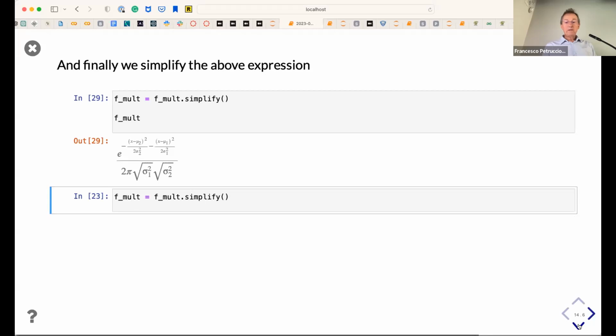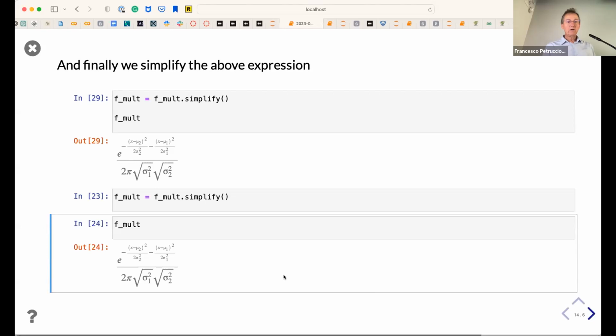Sorry, I did it right. It doesn't simplify it further. But that shows you how this can work. So it's very easy to use.